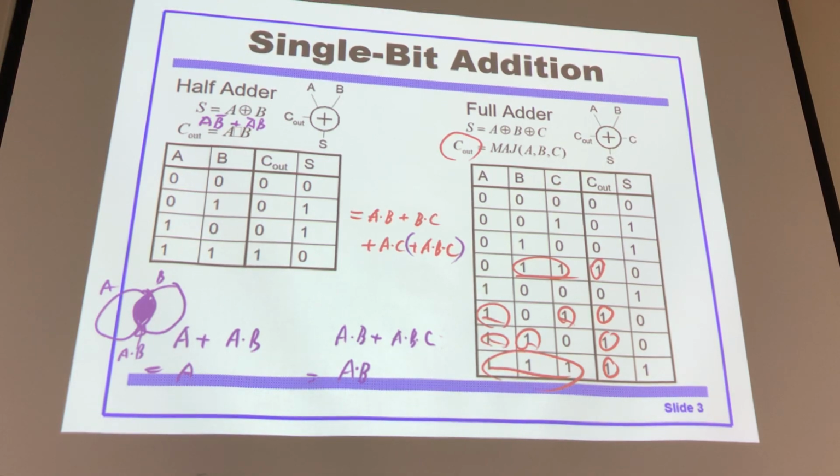They'll give you the carry out. But for three inputs, you have what? An odd number of 1s in the input. You can try to write down the Boolean function and try to simplify it.